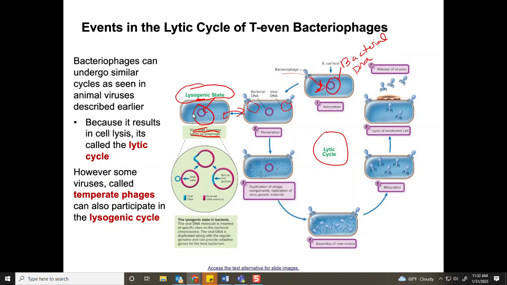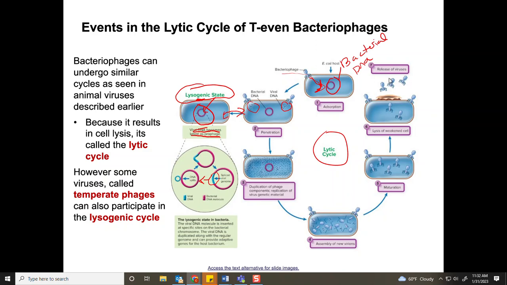It can go into the lysogenic stage and incorporate its viral genome into the genome of the bacterial host, and then if it's activated to do so, it can splice out. So this viral genome can splice or split away from the bacterial genome and then go into the lytic cycle to cause infection and ultimately rupture the host cell to release more viruses.